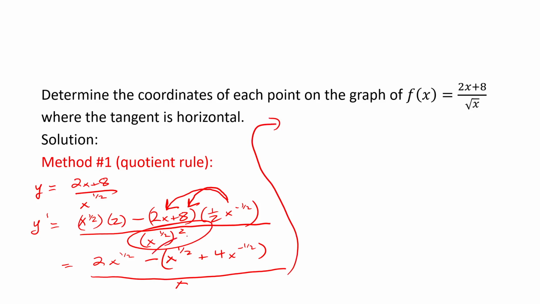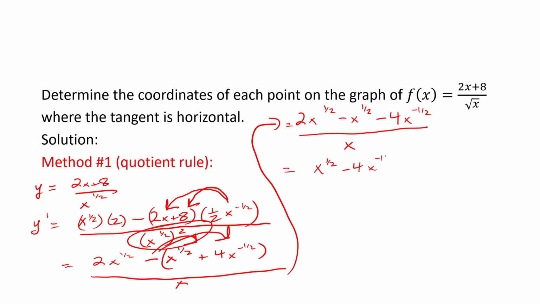We can distribute this negative sign into the bracket, and when we do that, we get 2x to the 1/2 minus x to the 1/2 minus 4x to the negative 1/2 all over x, and that equals x to the 1/2 minus 4x to the negative 1/2 all over x.